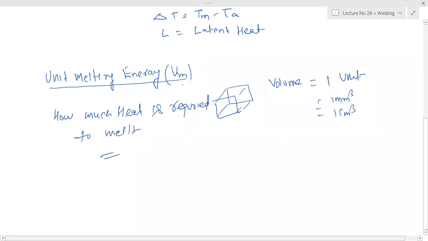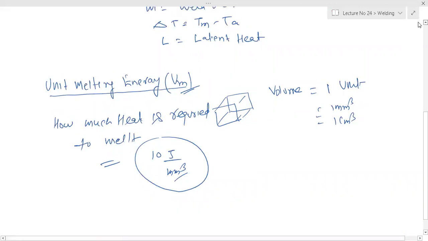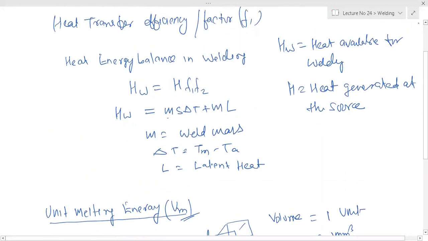That we call unit melting energy. Suppose if 10 joule per millimeter cube is there, it means you need 10 joule energy to melt 1 millimeter cube, right?